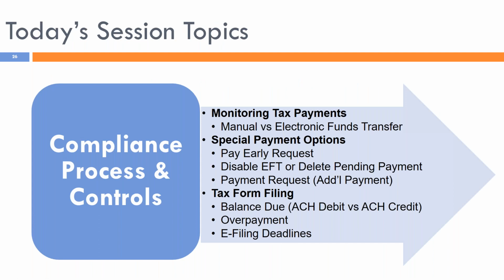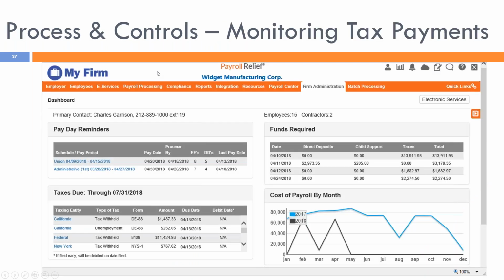So compliance, processing, and control. What we're going to talk a little bit about here is monitoring tax payments, manual versus electronic funds transfer, some special payment options and when you might use these things, and then tax form filing. So this is the employer dashboard.